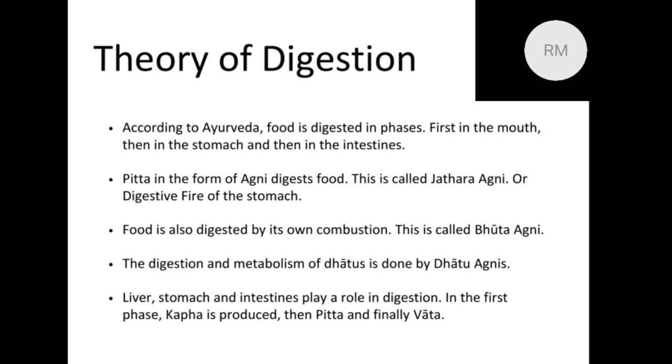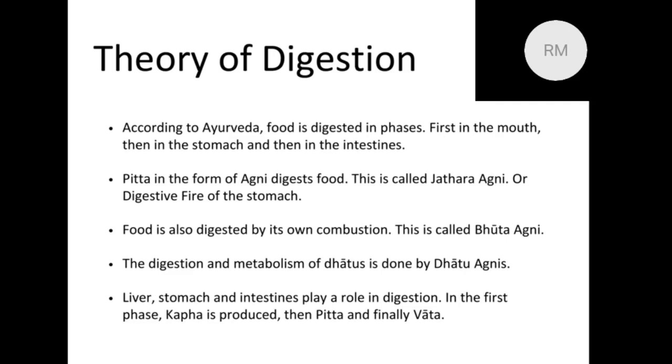After a few days of fasting, the body would have collapsed. So Jatara Agni is that external fire in your stomach which activates the burning of the food that you consume. So are you able to understand this point?